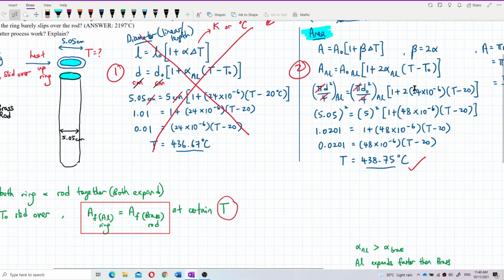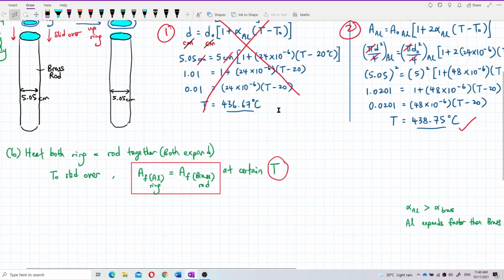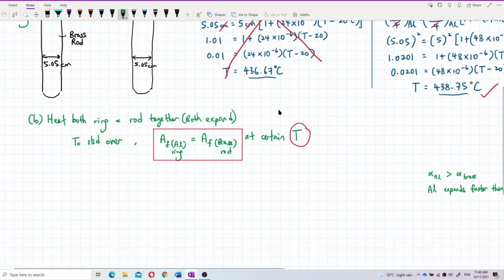Okay, never mind, let's do this step by step. This is the final area.